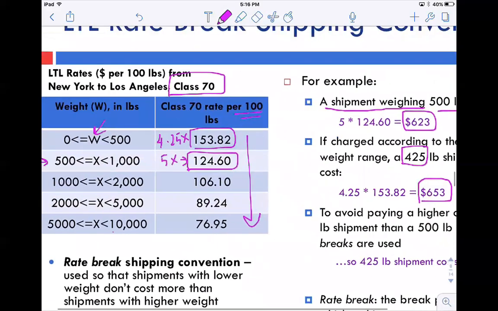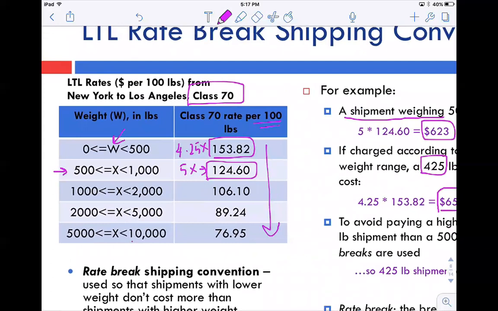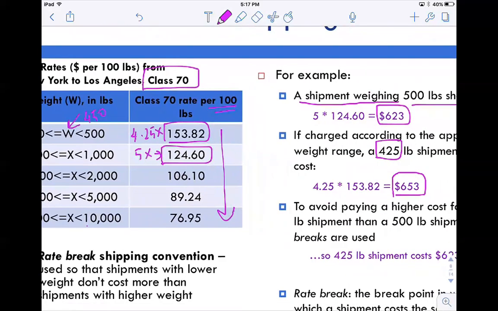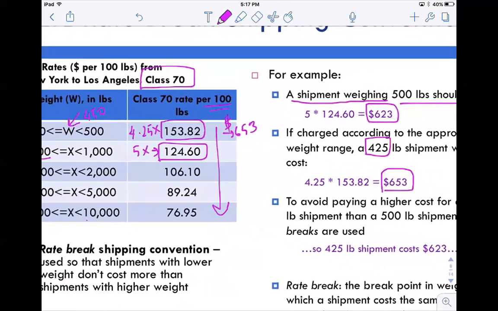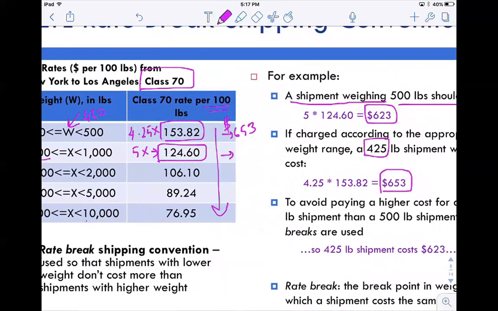If I would like to send 450 pounds of goods from New York to Los Angeles, I'm expected to pay $653. But if I'm sending 500, then I am paying $623.